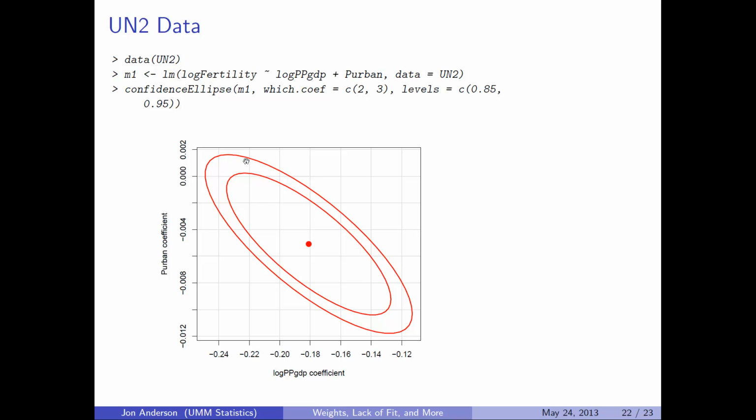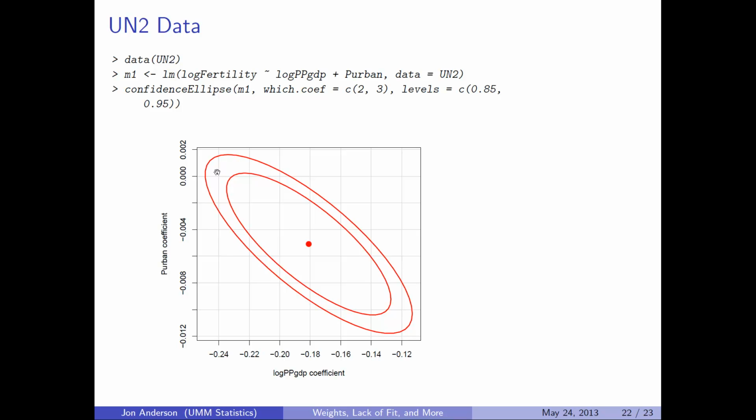We create these confidence regions using the confidence ellipse function from the car package. The innermost confidence ellipse represents an 85% simultaneous confidence region. The outer one is a 95% simultaneous confidence region.